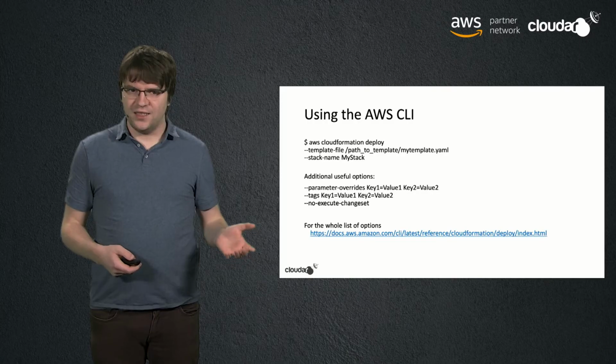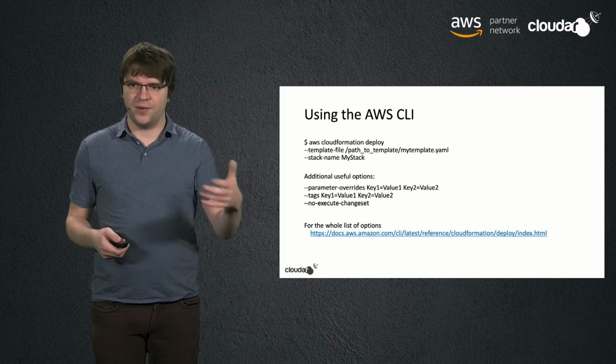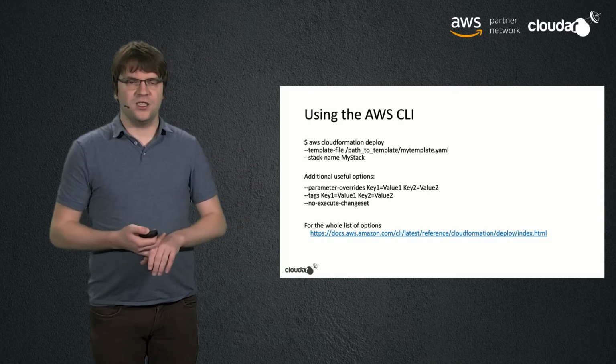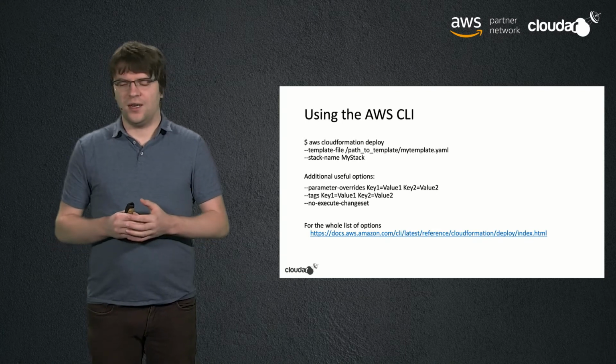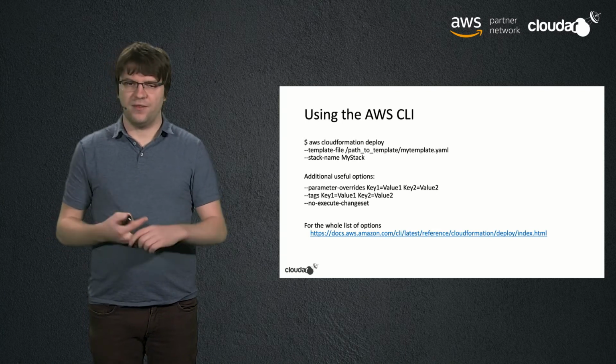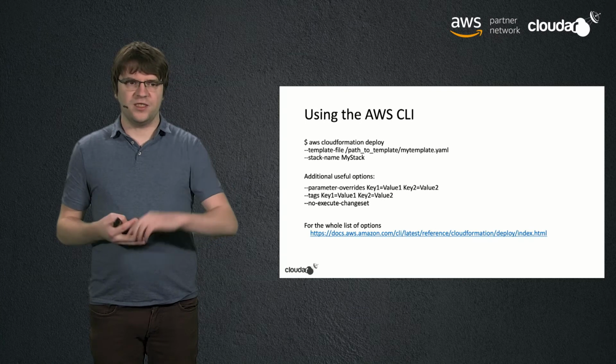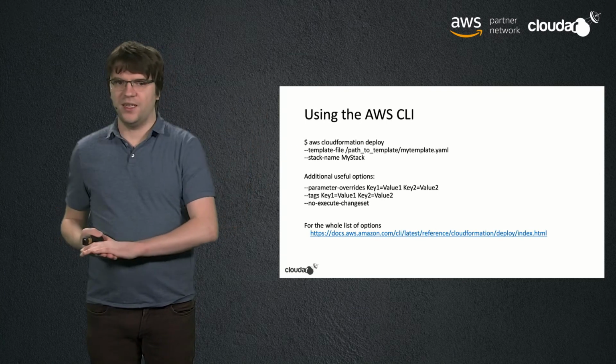It has some additional options that you can also use there. So the same things that you can do in the console, like adding overrides for your parameters or specifying parameters to not be the default, are things you can do. You can add tags like you can do in the console. And there's also the option: by default, cloudformation deploy will just take your template and do the update and deploy everything.